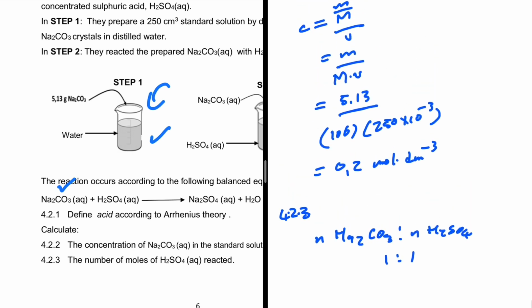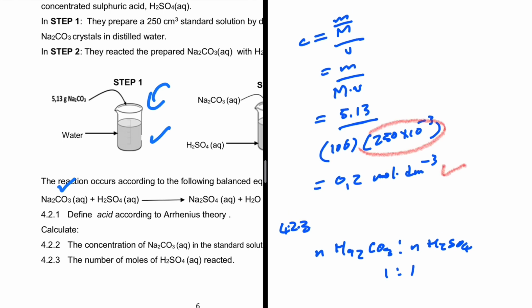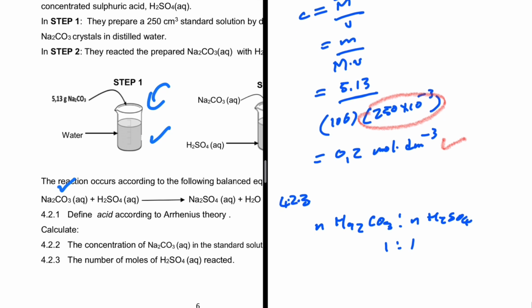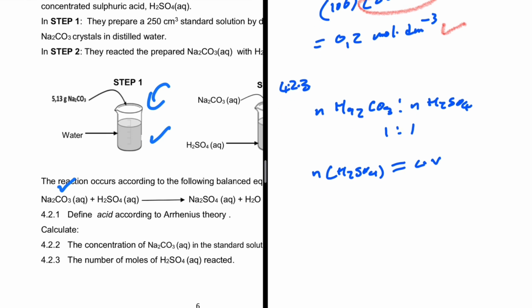Take a look at this. At this point, we have the concentration of Na2CO3, and we also have the volume. So finding the number of moles should not be that difficult. So the number of moles of H2SO4, we now know that it is equal to the number of moles of Na2CO3, which will be equal to the concentration of Na2CO3 multiplied by the volume of Na2CO3.